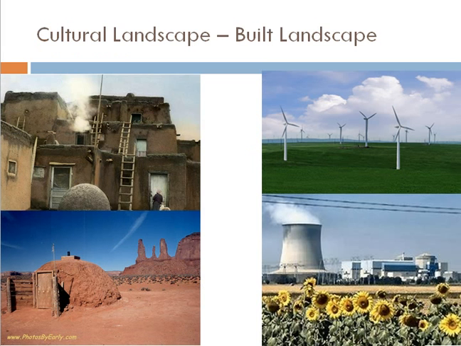We'll also be looking at cultural landscape, the built landscape. We'll spend some time talking about urban environments and urbanization and cities. The world is getting much more urbanized. How are we dealing with that? What kind of impact is that having on our culture and on our environment?